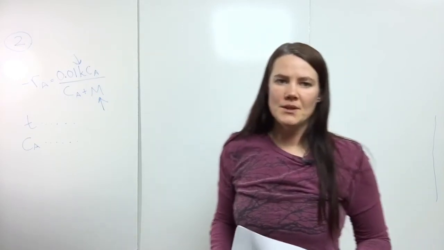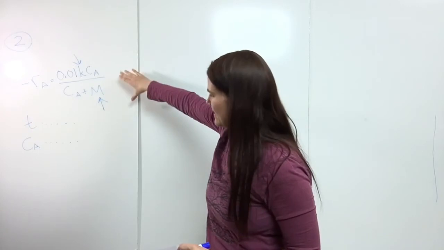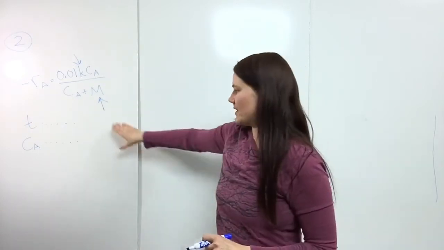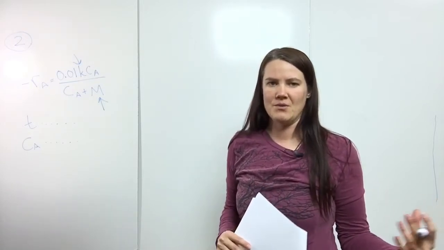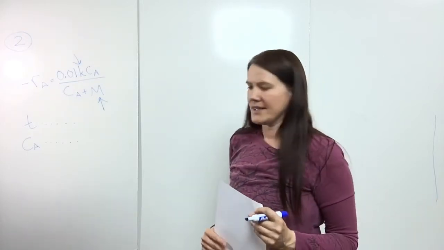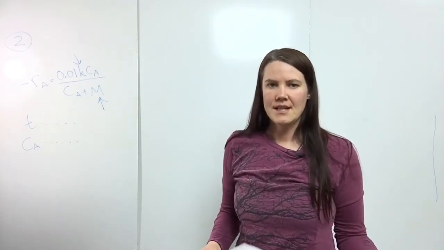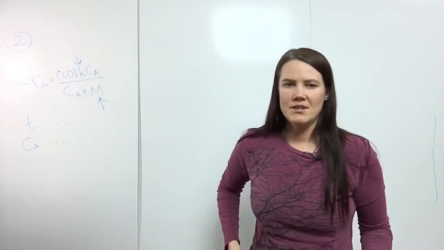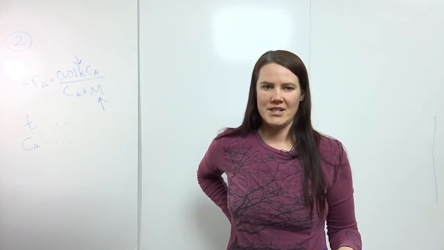So there are a couple ways you can find your constants for your rate parameter from data. And the first one is the one I just talked about with the first problem. And then the integral method is another method you can use. And so the integral method is normally only used if you know what the order of your reaction is.